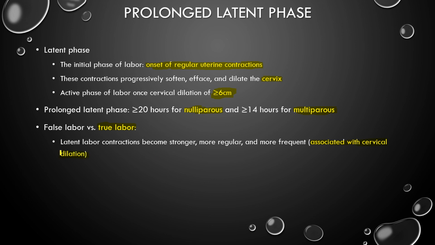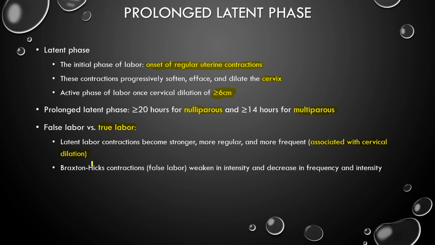So if contractions get stronger, you get more cervical changes, more regularity and more frequency, and it gets better and better. That's true labor. False labor is also known as Braxton-Hicks contractions. These are actually very irregular, and they're not stable in frequency and intensity. They can go up, they can go down, but eventually they just fade away. While true labor contractions will keep getting stronger and stronger to propel the baby out due to oxytocin.